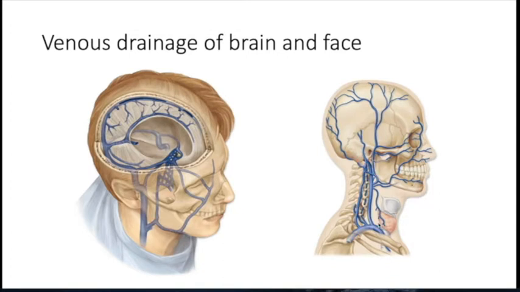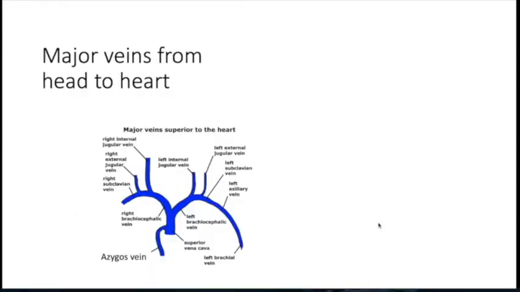So we could take a quick look at that. Okay, so we're going to head all the way back to the heart. Actually, I did not want that to show as early. Well, there it is. I won't draw it then. It's not too difficult, actually. You see there the right external, right internal. So this one's coming from the brain, and this one's coming from face and scalp.